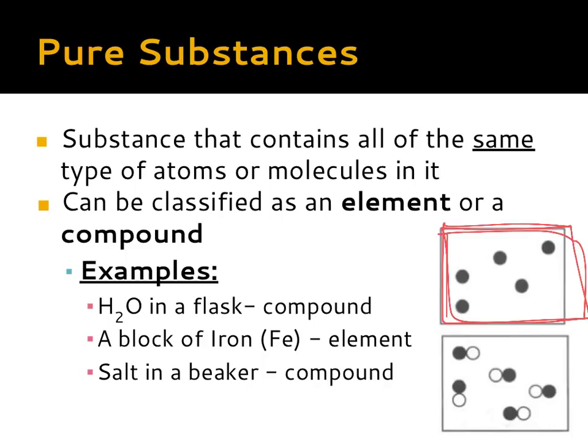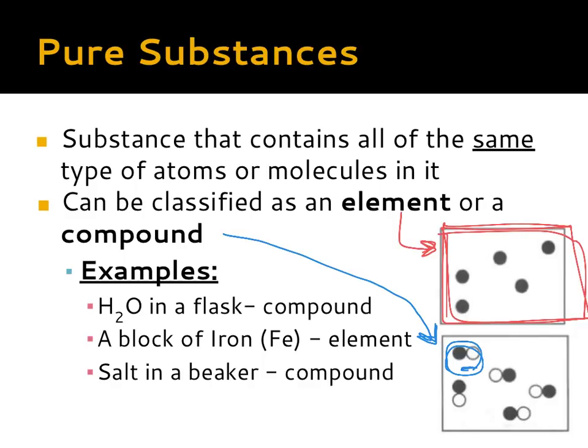So this is super zoomed in. This one specifically is looking at atoms, you can tell just because they are singular little circles. So this one here is our element because they're single atoms. And the one on the bottom is our compound. Notice that they are combined together.